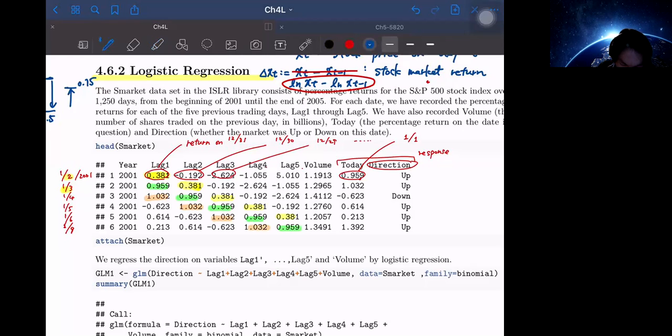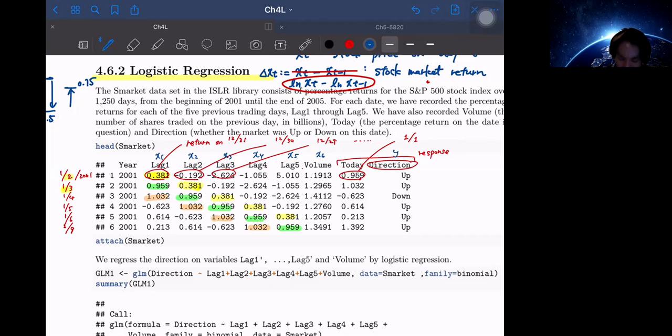We have the predictors x1, x2, x3, x4, x5, maybe x6, and then in our case, y is this one, the direction of today's move.